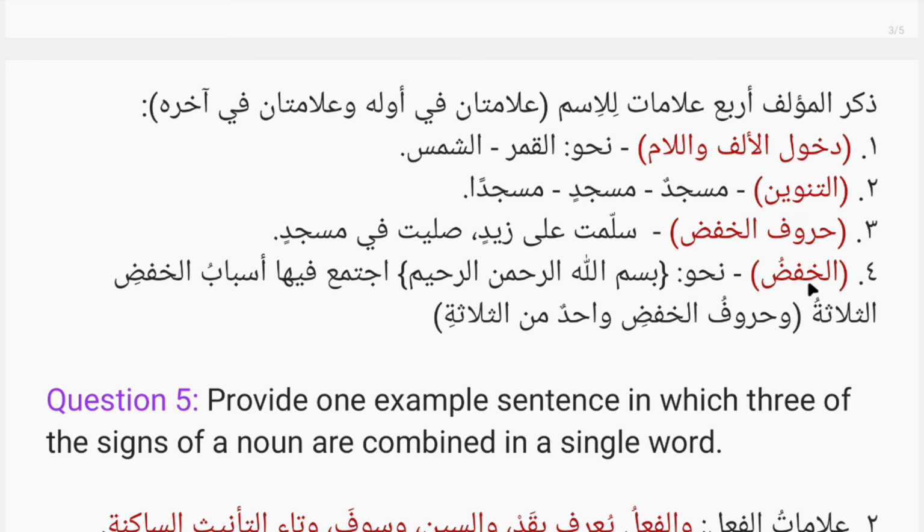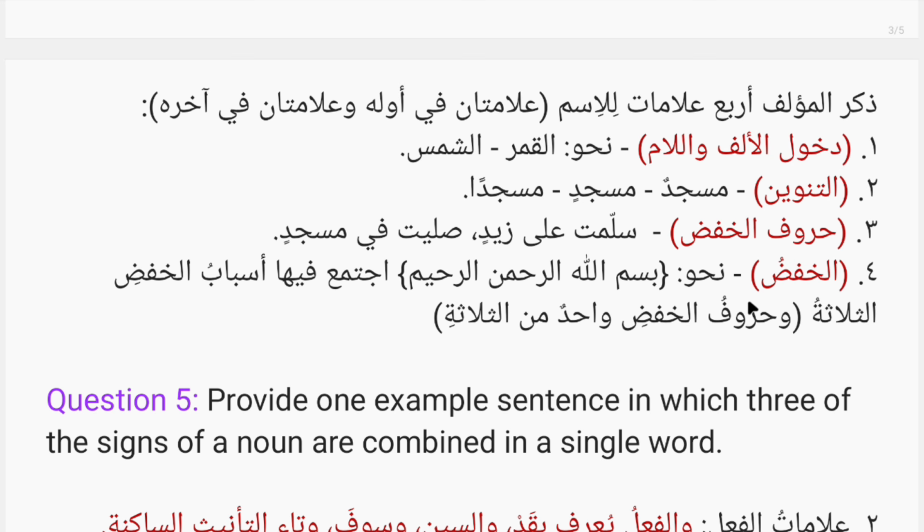This case, which they refer to as being the genitive case. The genitive case itself, the word becoming majroor and accepting the effect of the harf jar on it and ending with a kasra, kasratain, or whatever endings it ends with, showing that it's majroor now, this is a sign. Because the other types are never going to be majroor. So majroor, al-khafd, this case ending is specific to the noun.